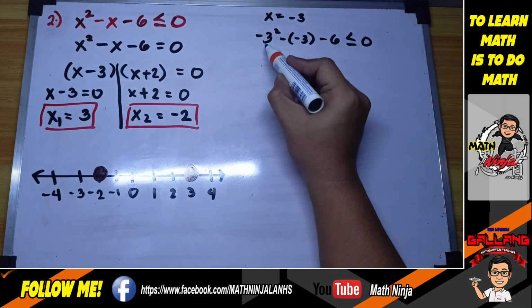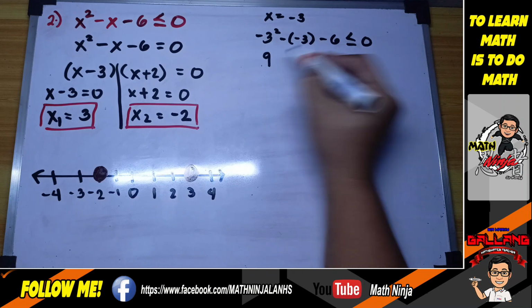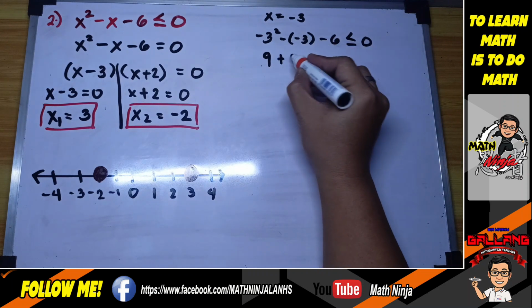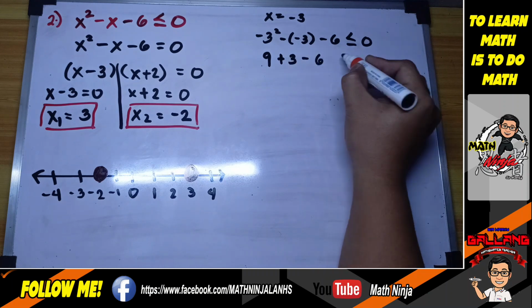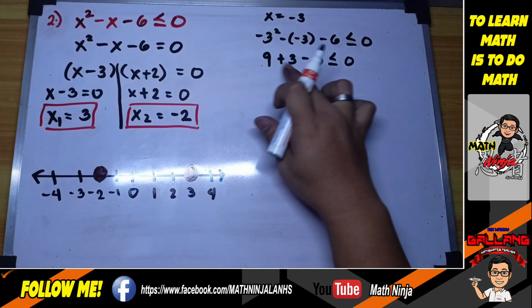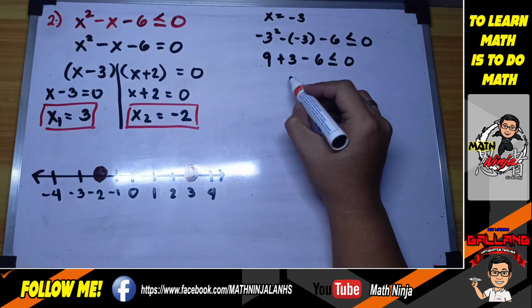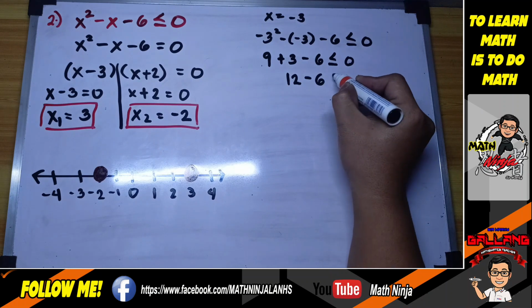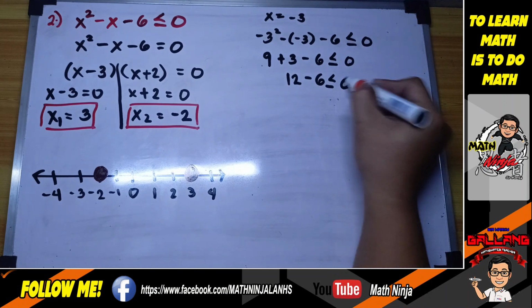Simplify natin ngayon. Negative 3 squared is positive 9. Negative times negative 3, the answer is positive 3. Minus 6 is less than or equal to 0. So 9 plus 3, the answer is positive 12. Minus 6 is less than or equal to 0.